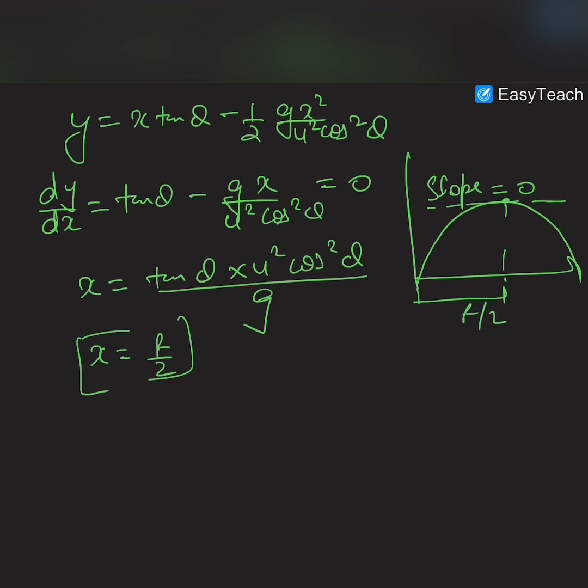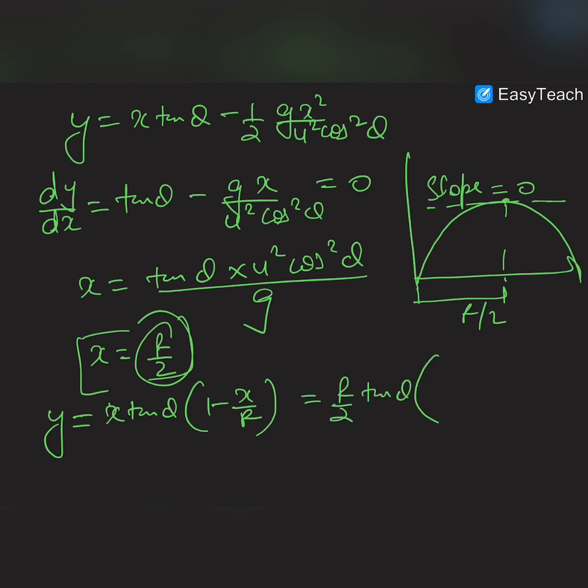If we substitute the value of x in this equation, or rather in the other form of the trajectory, which is x tan theta into 1 minus x by R, and substitute x as R by 2, then this is R by 2 tan theta into 1 minus 1 by 2. So this is R by 4 tan theta.